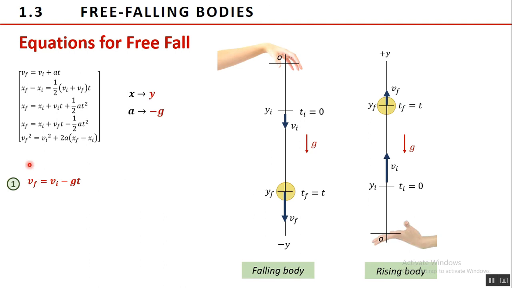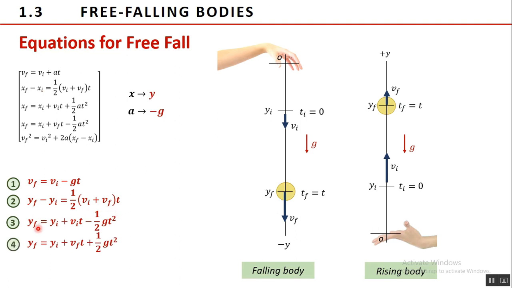Doing these things, equation 1 will become final velocity v sub f is equal to the initial velocity v sub i minus gravitational acceleration g multiplied by time t. The second equation will be final position y sub f minus y sub i, so this is also the displacement delta y, is equal to half of the sum of the initial and final velocities multiplied by time t.